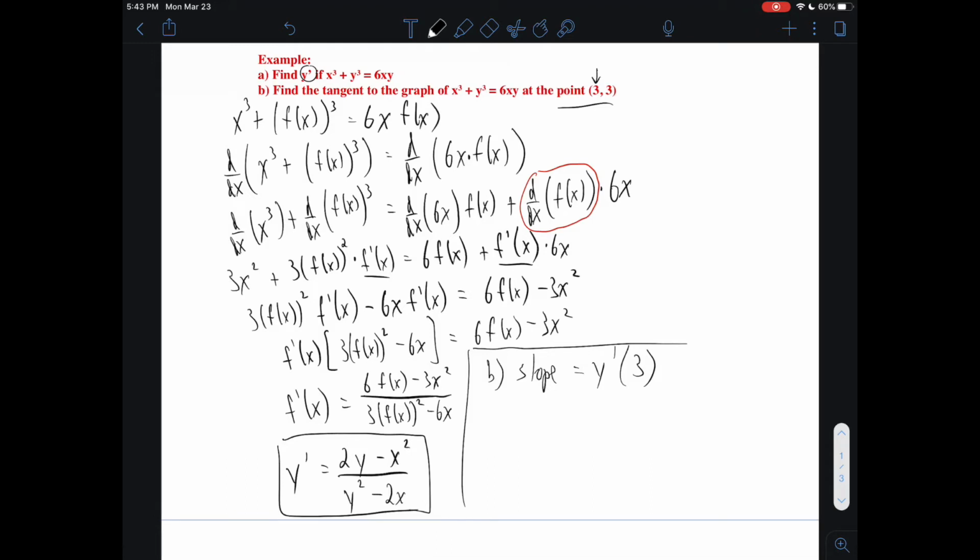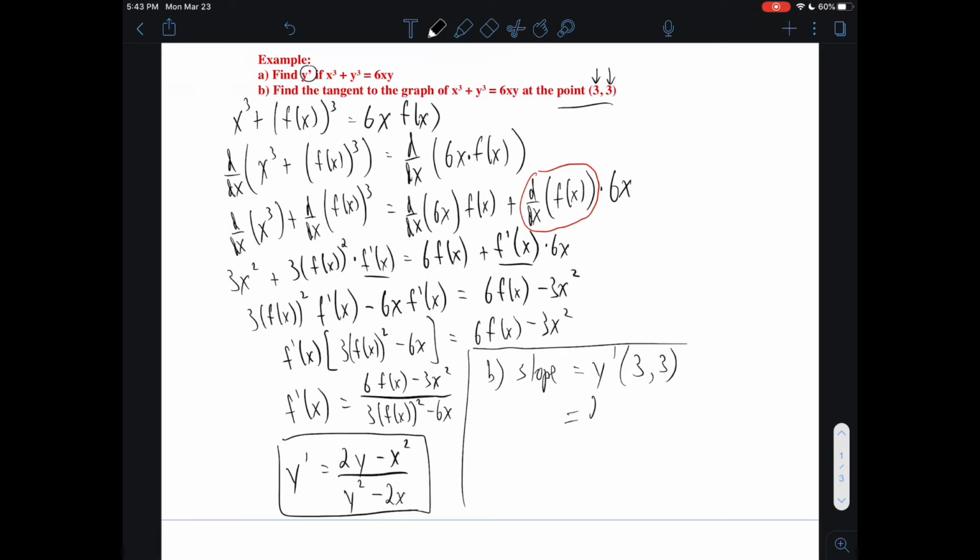We always use the derivative evaluated at an x value. But we also notice that our derivative has y values. So we actually need a little bit more. We're going to evaluate this at the x value 3, and we do need the y value of 3 also. So then plugging that in, wherever I have a y or an x, it gets replaced with 3.